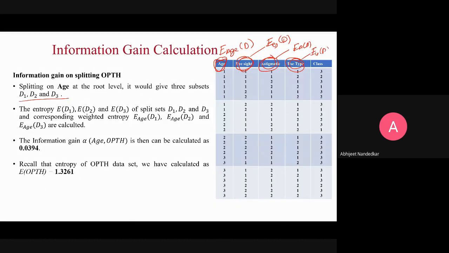So we will calculate for each feature, if I take this split on each feature, what is the entropy, whether it is more or less, compared to this E.